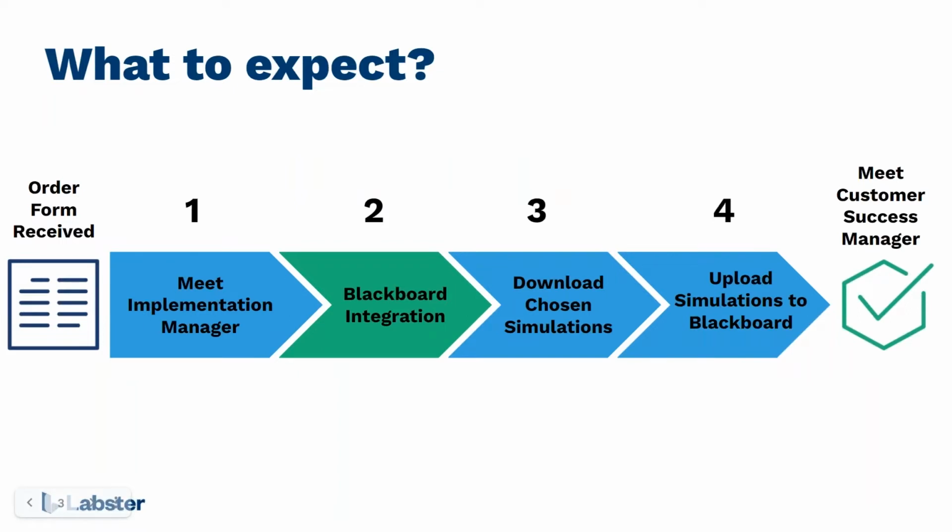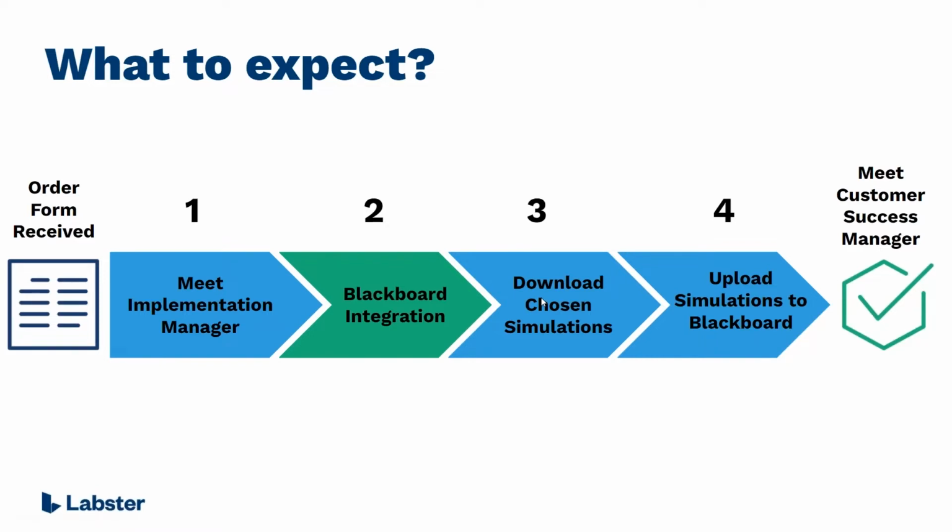Okay, so to get started, I want to show you what to expect in the implementation process once the order form is received. The implementation manager will set up the integration that you will be connecting with your Blackboard. You'll be working with implementation in the beginning, so you'll be assigned to one that will first reach out to you either through email or by call.